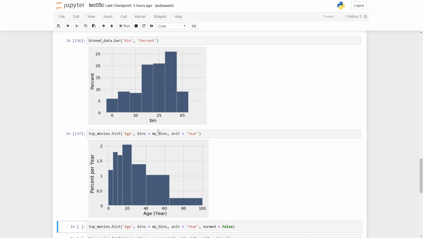But we said that each number indicates the lower bound for this bin, and the upper bound for the previous one. So when we say 0, 5, 10, that means that we have two bins, from 0 to 5 and from 5 to 10. Okay, so that's the first two bins here. Did I answer your question? Yeah. Okay. Any other questions so far?